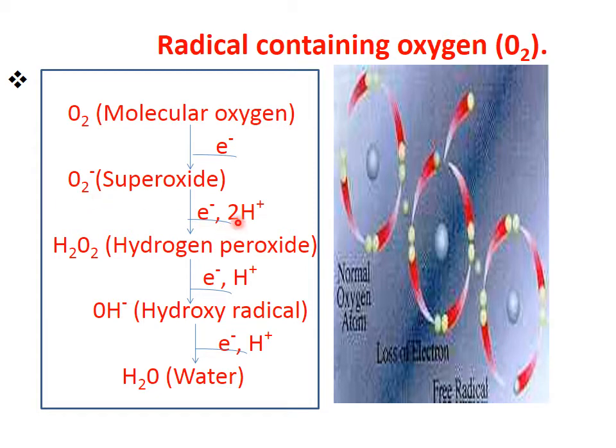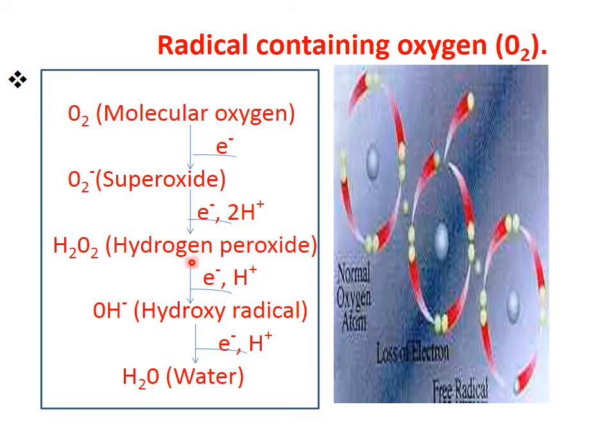This superoxide ion, when it again takes two hydrogen protons, gets converted into H2O2. This H2O2 is not a free radical, but it is highly reactive and hence known as reactive oxygen species. These are also dangerous or harmful to us. They are comparatively as active as free radicals.